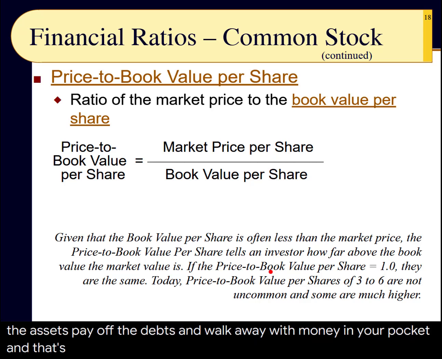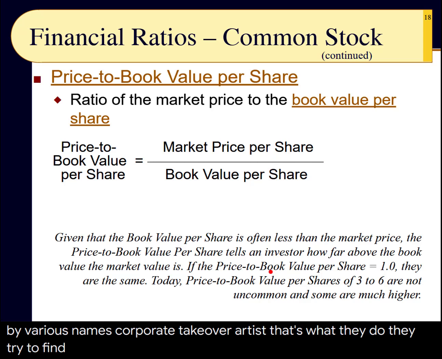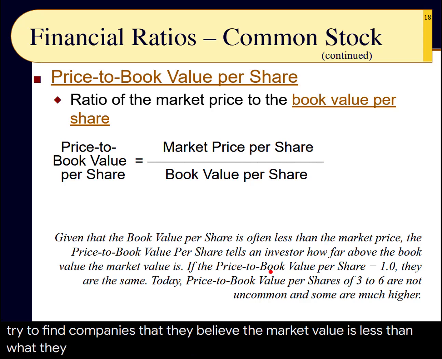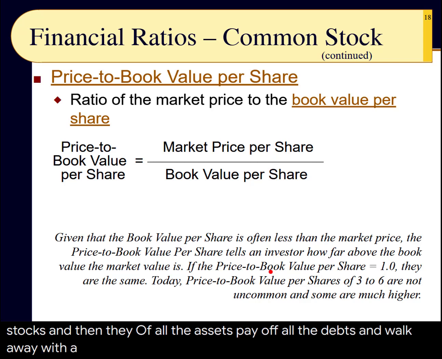And that's exactly what corporate raiders, private equity artists, they go by various names, corporate takeover artists, that's what they do. They try to find companies that they believe the market value is less than what they could get if they were to buy 50% plus one of the stocks, and then they run the company. Sell off all the assets, pay off all the debts, and walk away with extra money in their pocket.